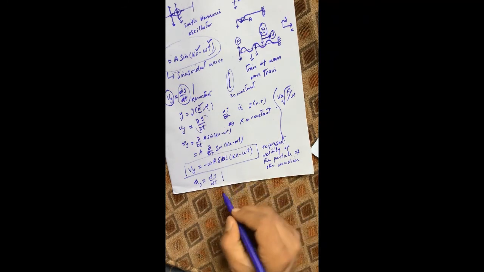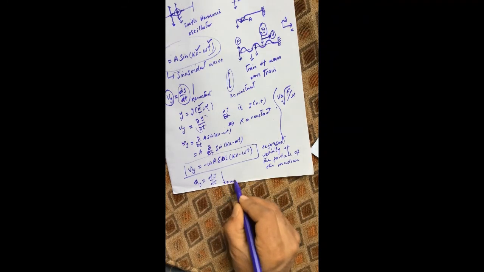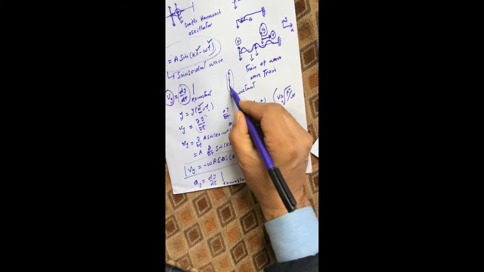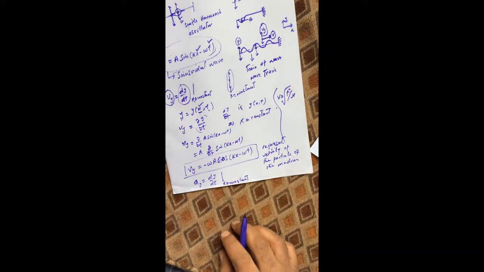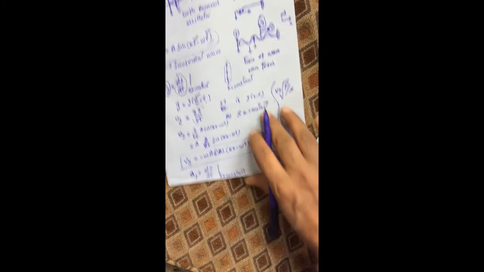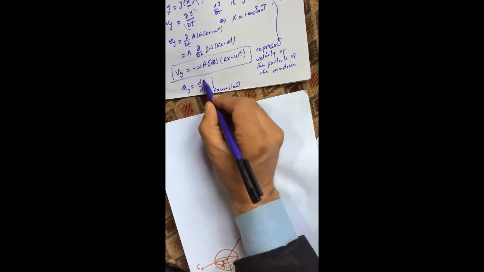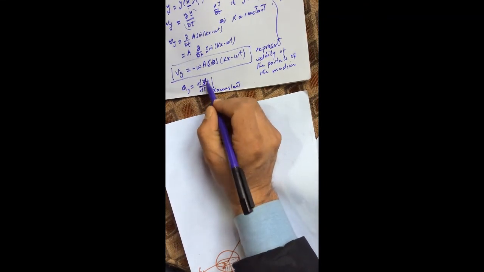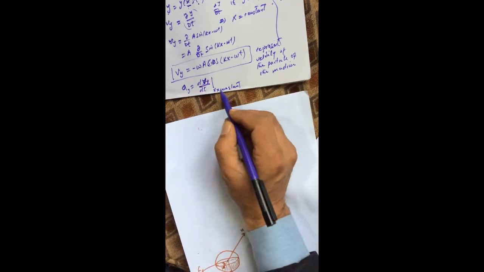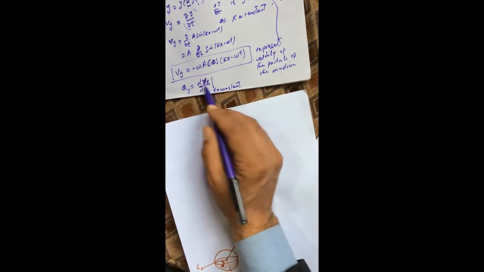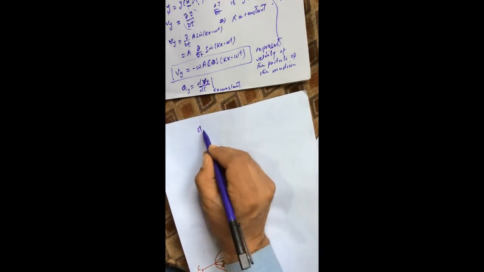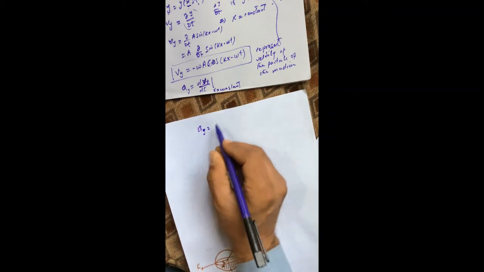For that we keep x constant, because if a particle moves up and down, then at this point x is always constant. So if x is constant, then this total derivative is replaced by the partial derivative.